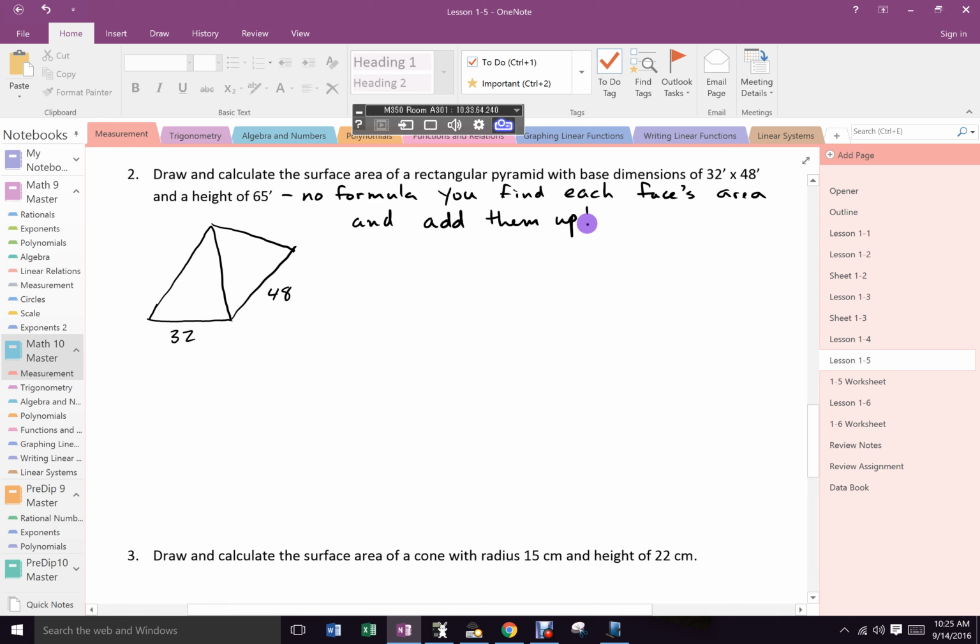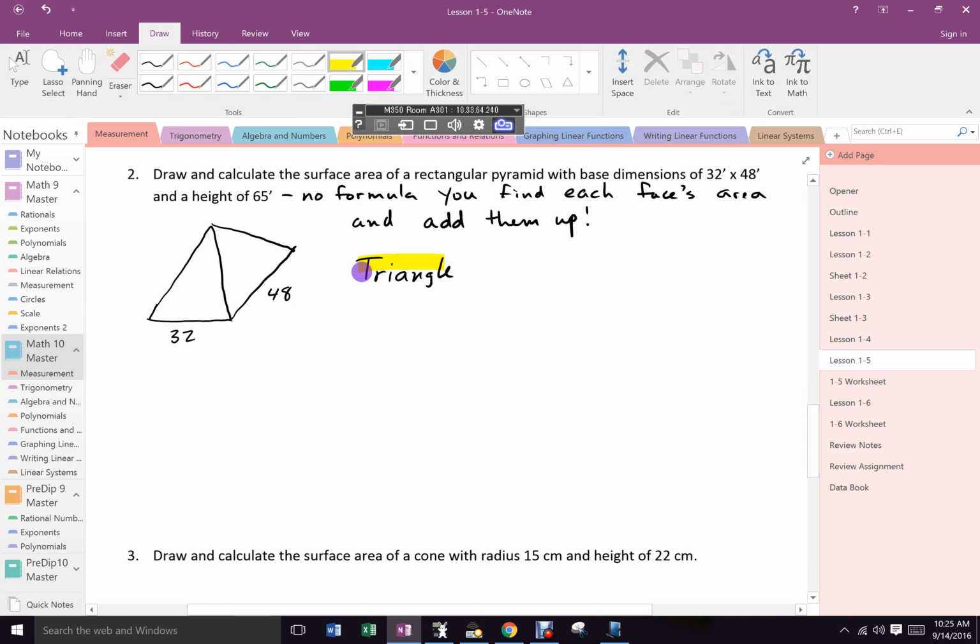So what faces do I have here? What are the shapes I have to deal with? I have triangle, and I'm going to go ahead and highlight that triangle yellow. There's that triangle. Everyone agree? How many of them are there? Are they all the same? No. There's that triangle times 2, correct? Is there another triangle? Yep.